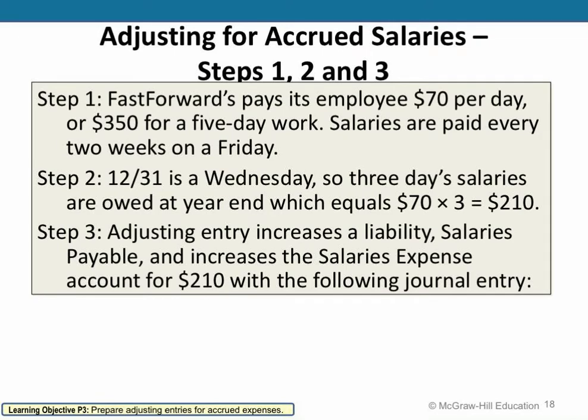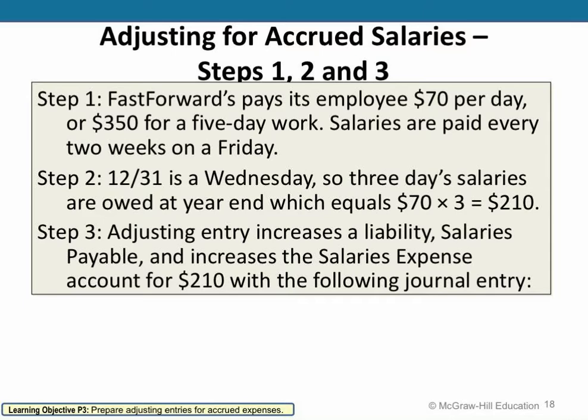So let's walk through an example for our accrued salaries, to where if we pay employees $70 per day, that's going to be $350 for the week. And then if we make payment on Wednesday, 3 days salary is going to be owed. That's going to be $70 times 3, so it'd be $210 of the $350.